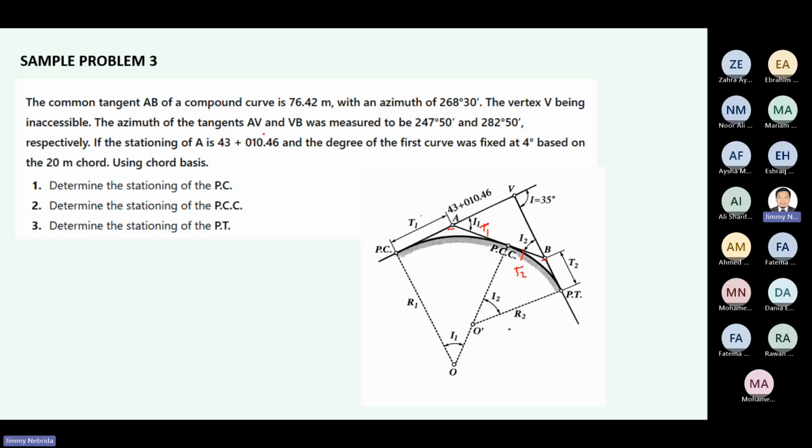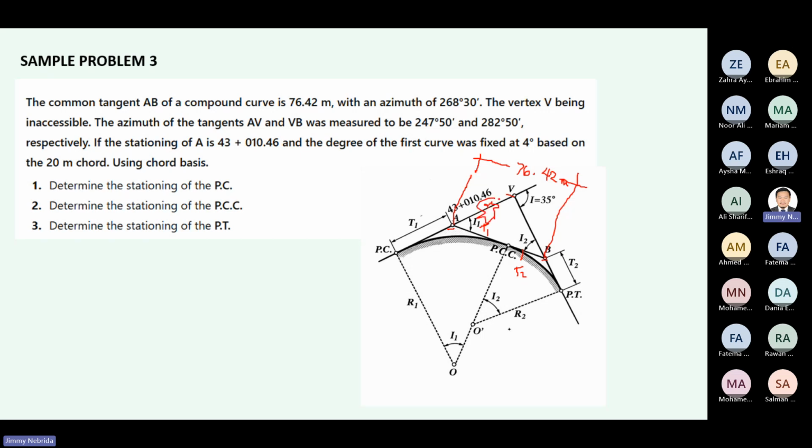The distance of that common tangent AB is 76.42 meters. The vertex V, this one, is inaccessible because there might be, for example, some trees here.